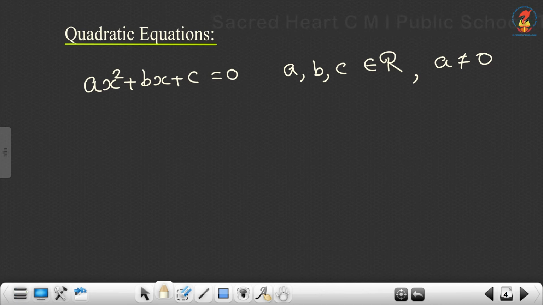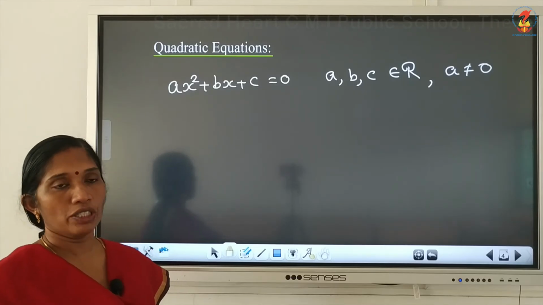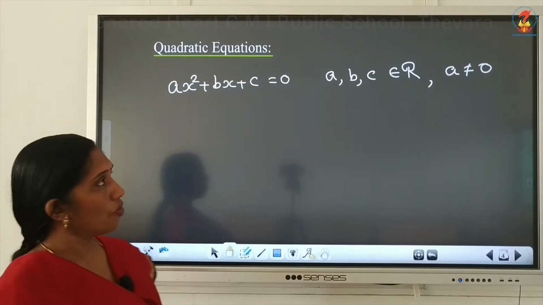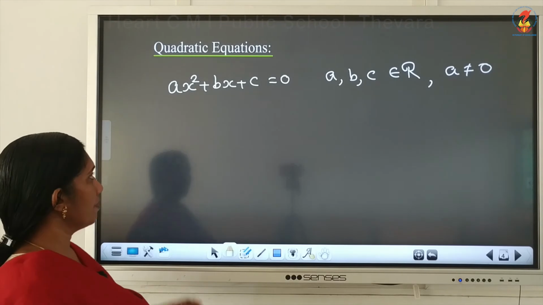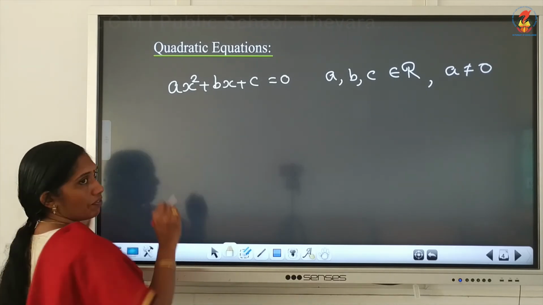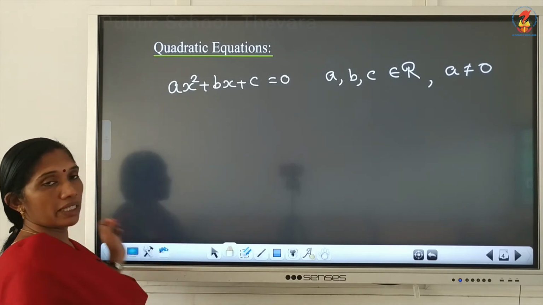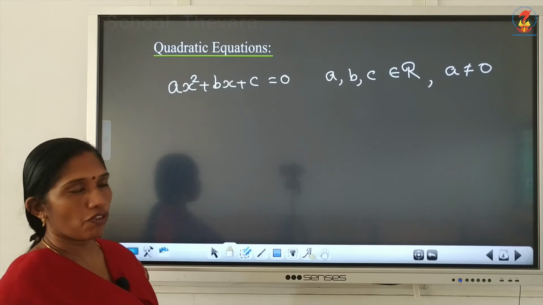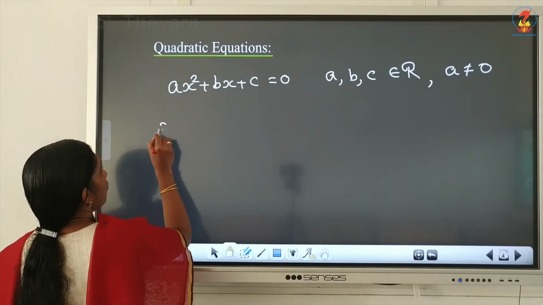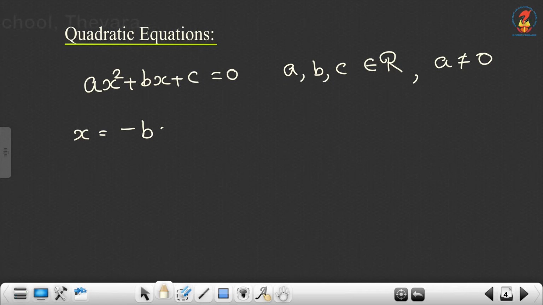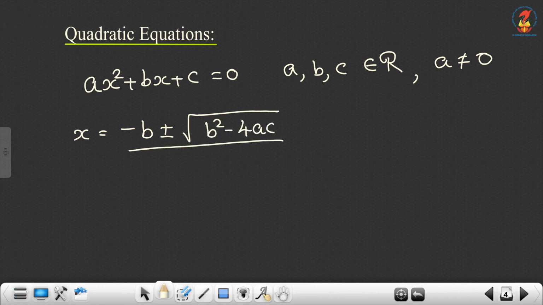Last year you studied how to solve a quadratic equation using the quadratic formula. So, what is the quadratic formula? Before that we have to find the discriminant. Discriminant is equal to b square minus 4ac. The quadratic formula: x is equal to minus b plus or minus root of b square minus 4ac, by 2a.